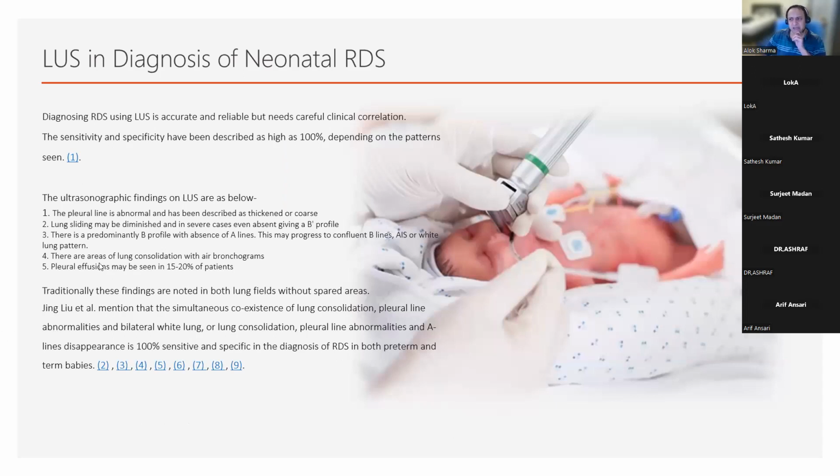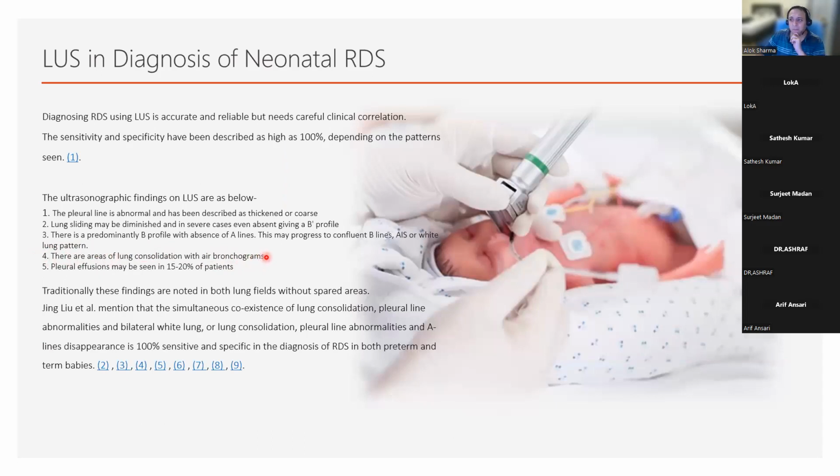Now, we discussed this last week, and really what we spoke about is the importance of the presence of what I would say are consolidations. And typically, what we describe are subpleural consolidations with air bronchograms, static air bronchograms.